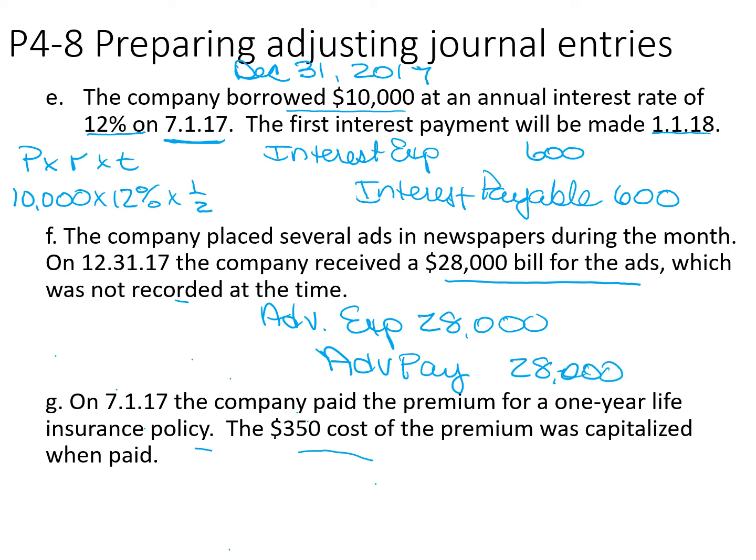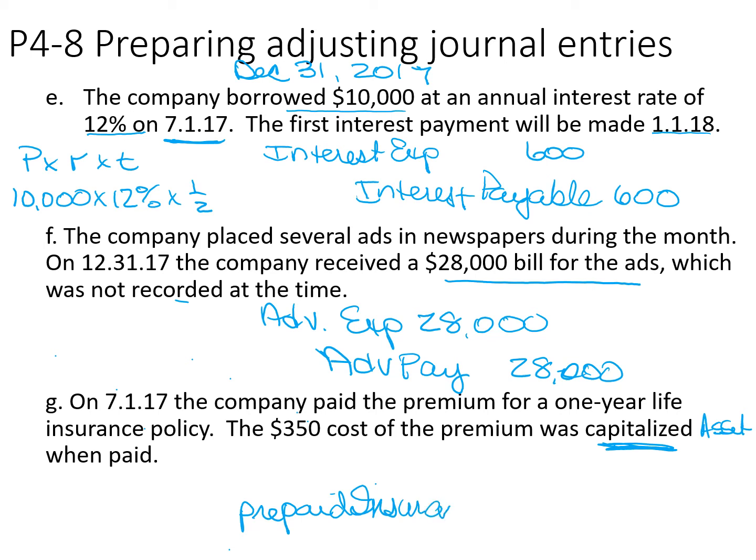And the last one on this page has to do with the company paid a premium for a 1-year life insurance policy, and when it says that the premium was capitalized, that means it was an asset. We put it into prepaid insurance when we bought that policy. So what we need to do at the end of the period is to move it out of prepaid insurance.